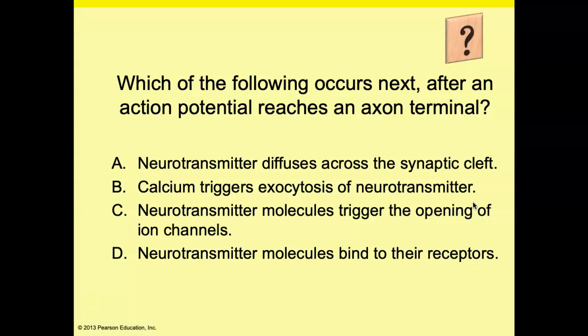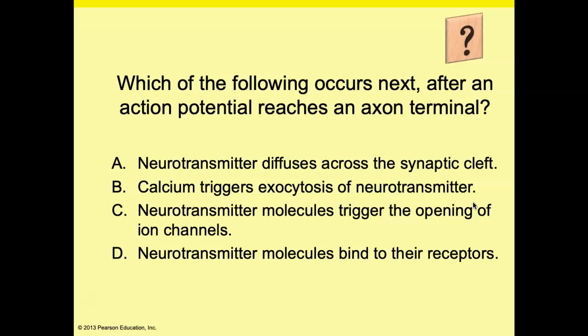Which of the following occurs next after an action potential reaches an axon terminal? Does the neurotransmitter diffuse across? Does calcium trigger exocytosis of the neurotransmitter? Well, we don't talk about calcium, but they're just saying, is the neurotransmitter released? Does the neurotransmitter trigger the opening of ion channels on the second cell, or does the neurotransmitter bind to their receptors?